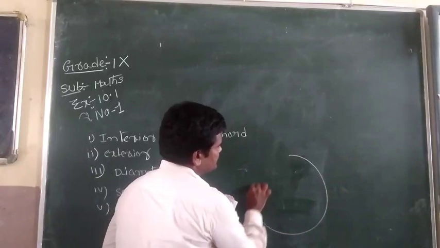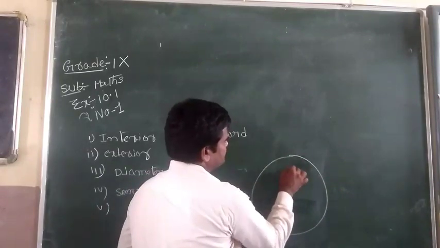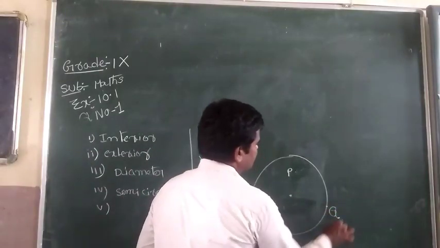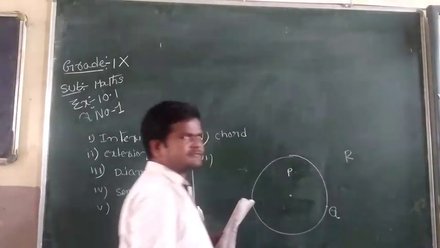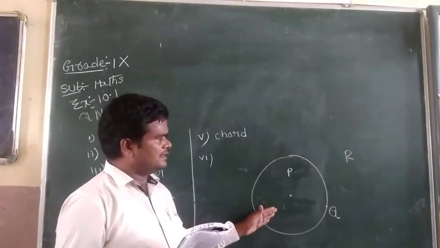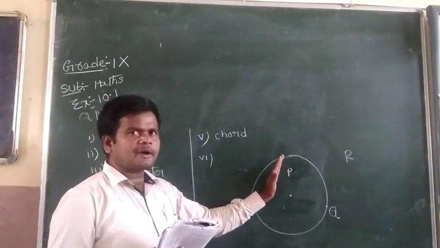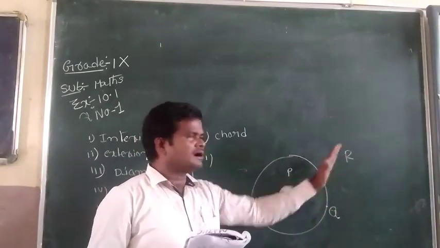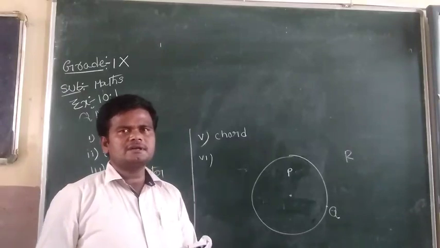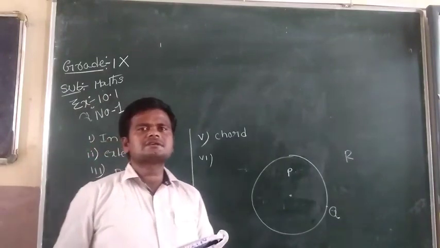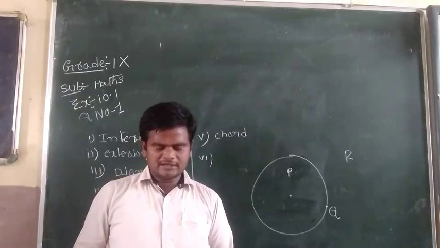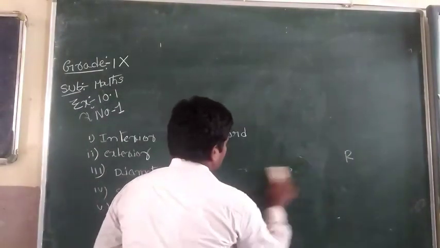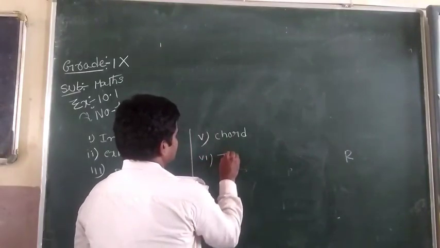Suppose we take point P in the interior of the circle, Q on the circle, and R in the exterior of the circle. So how many parts? Three parts.